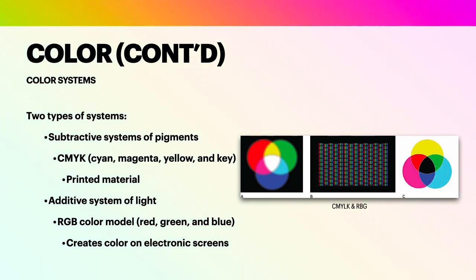So with CMYK, color is printed by using the four aforementioned colors. So these colors are referred to as spot colors. And by layering the color onto typically white paper, the ink subtracts from the reflected light to produce the hue. A black underlay controls the intensity of the color.